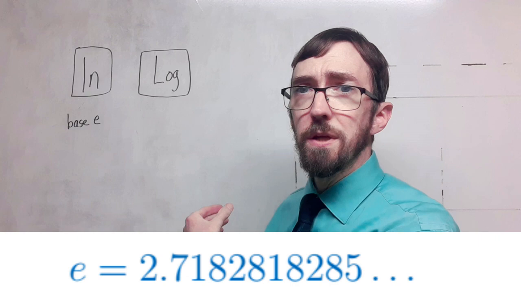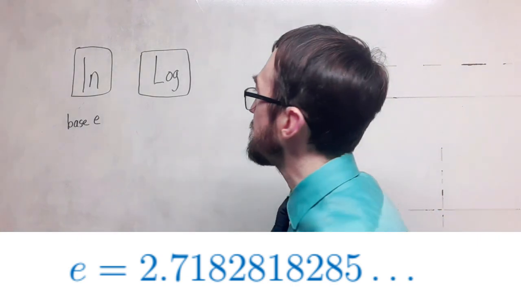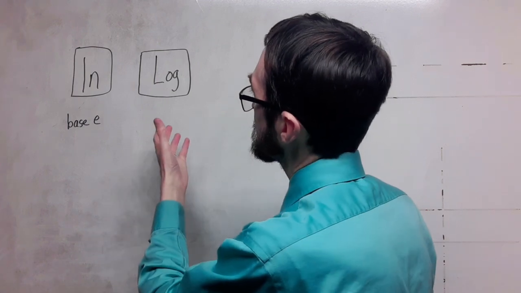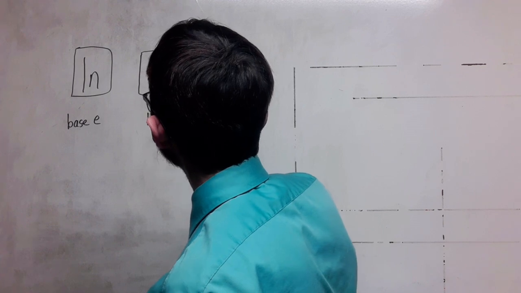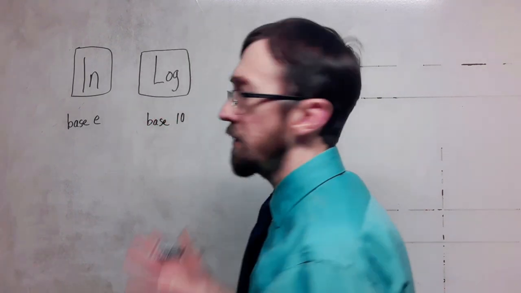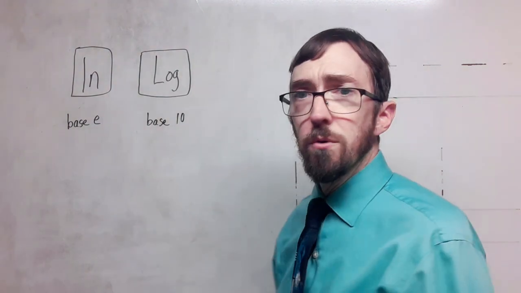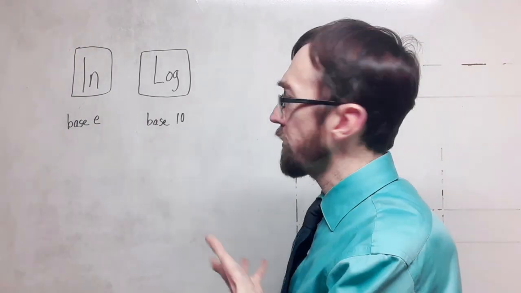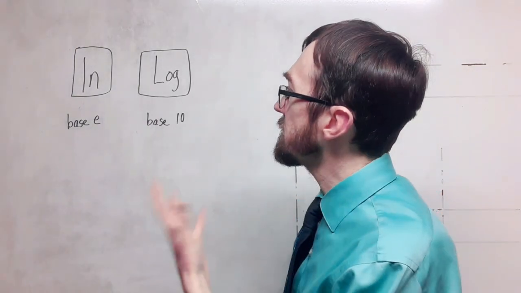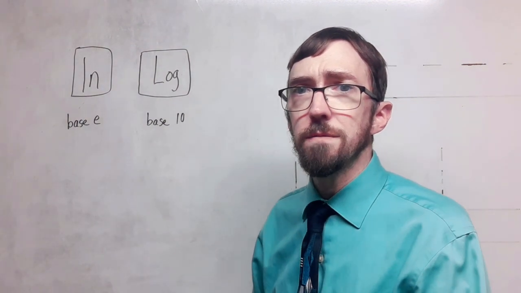It has a decimal expansion that goes on forever without repetition or termination. This other is base 10, which is the base of the number system that many societies in the world use. You can have logarithms of other bases, but these are the ones that you have commonly provided on your calculator.